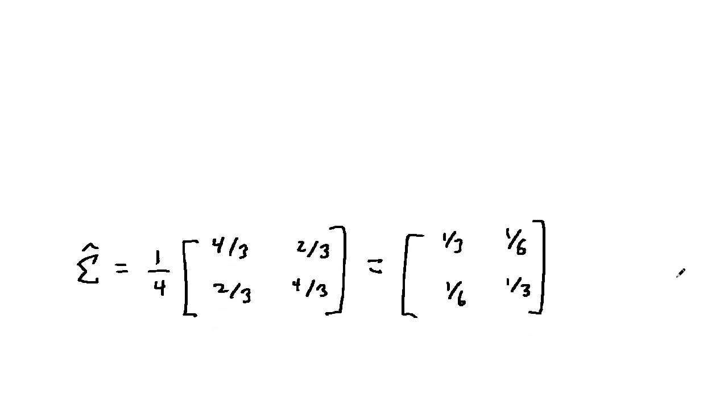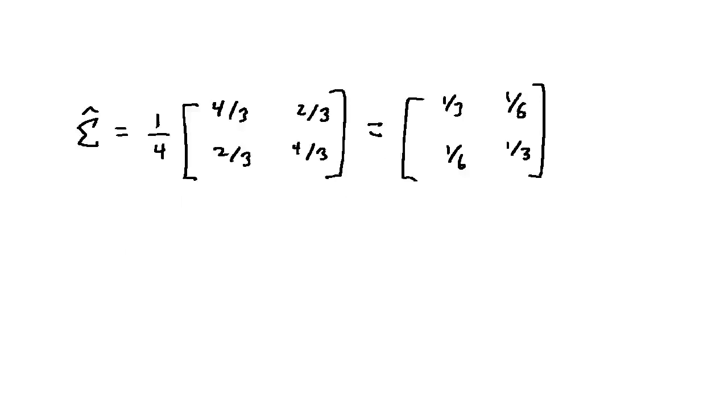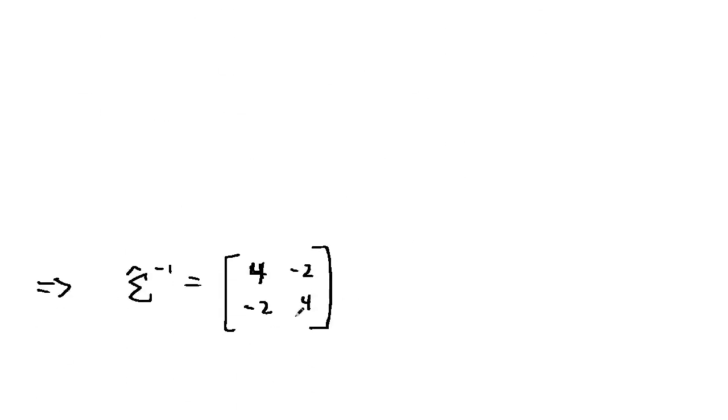Plugging in what we got for mu 1 hat and mu 2 hat, we get that sigma hat is this. Simplifying, we get this. So we have sigma hat. Now we can find the inverse, and we get this.